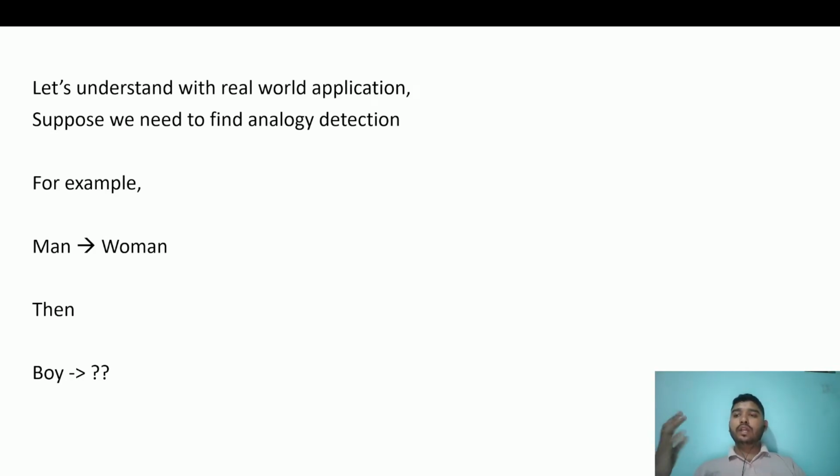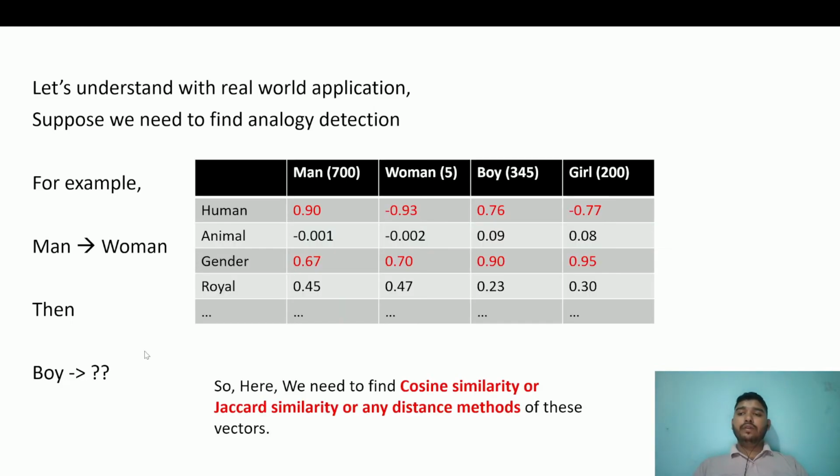For example, if the word is man, then what is the similar word to man? So here the answer is woman, obviously. Then if the word is boy, then what is the similar word to boy? As we know, the answer would be girl. So let's see how word embedding helps us to find the word girl, right?